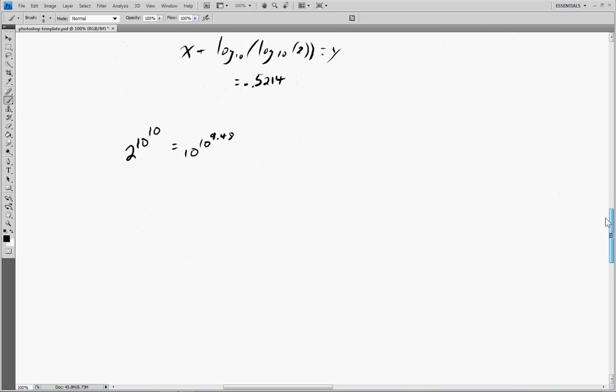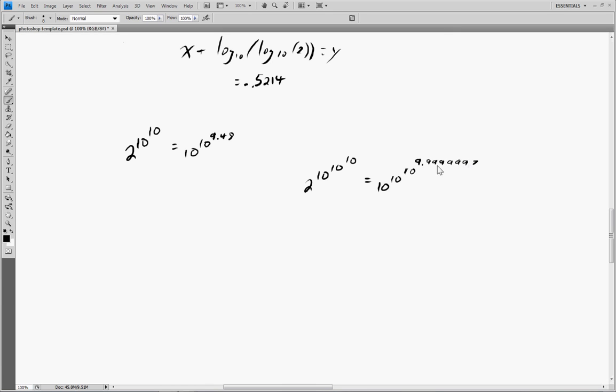And what you end up finding out basically is the longer the tower is, so let's say we had like 2 to the power of 10 to the power of 10 to the power of 10. If you want to change this base down here to a 10, this number up here only changes by a millionth or something, a millionth of the value. So this ends up being like 9.9999997, I think.